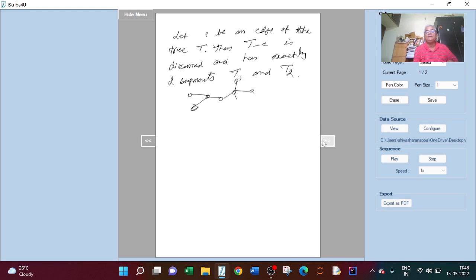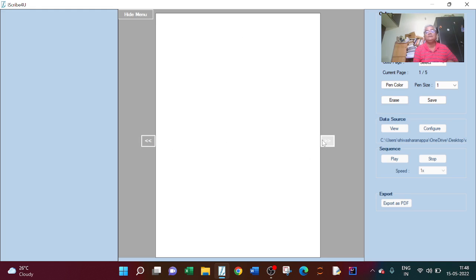Combining these two previous results, we can write a characterization, that is, if and only if. Okay, so how can we write it? Like this.